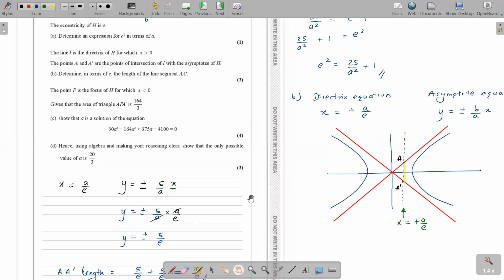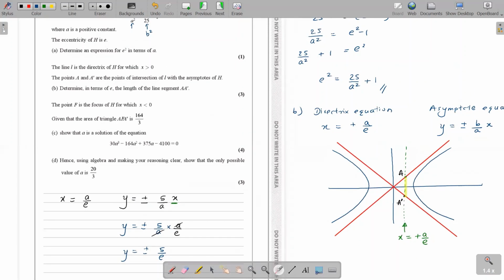Okay, and then the next part, the point F is the focus of the hyperbola for which x is less than 0. So now they are talking about the focus where the x coordinate is negative. Now can you see how important it is to actually have a good diagram here?